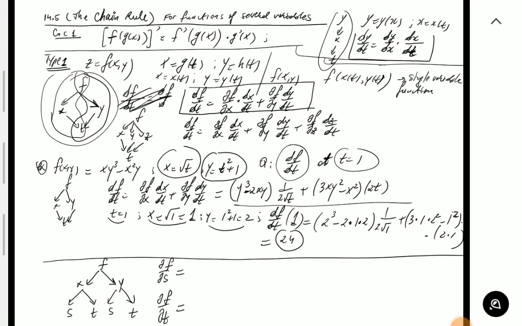So for example, how does f depend on s? Well, it depends on s via x, and it depends on s via y. And according to the rule, then partial f partial s is going to be partial f partial x times partial x partial s plus partial f partial y times partial y partial s.